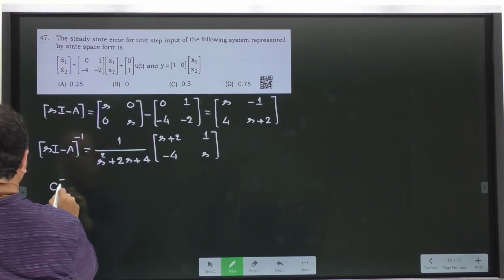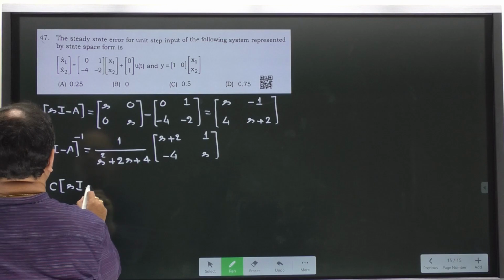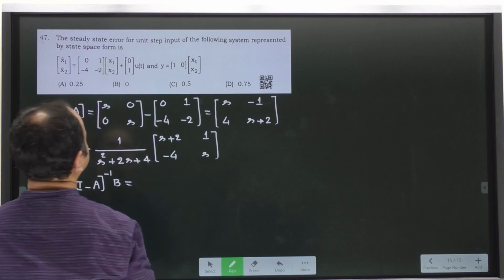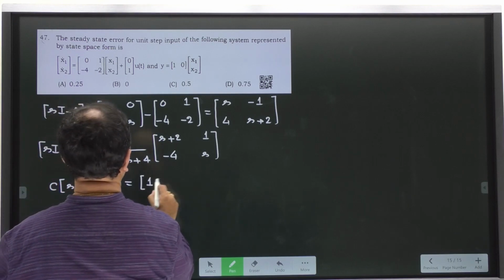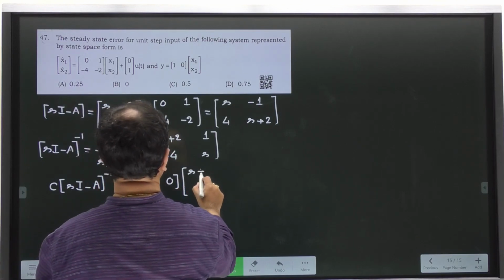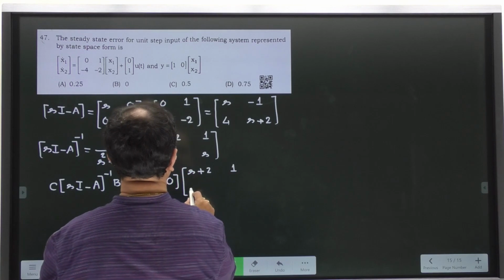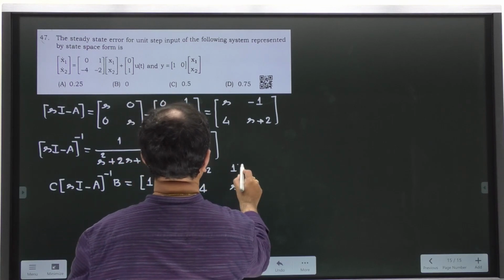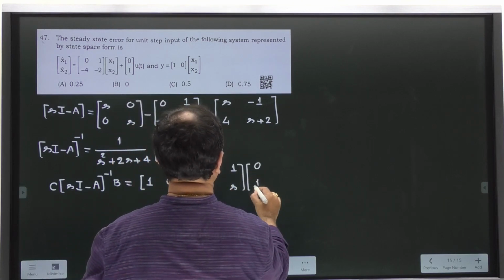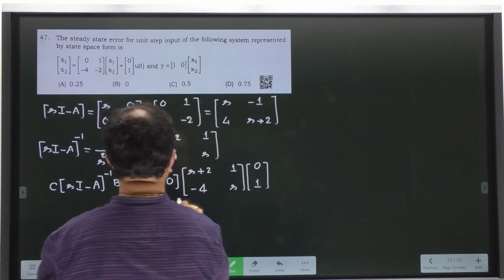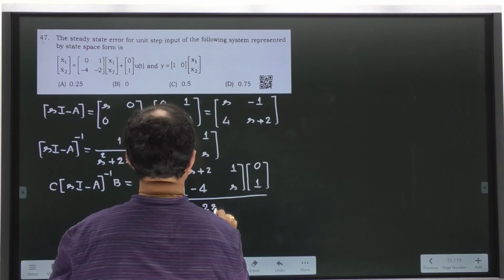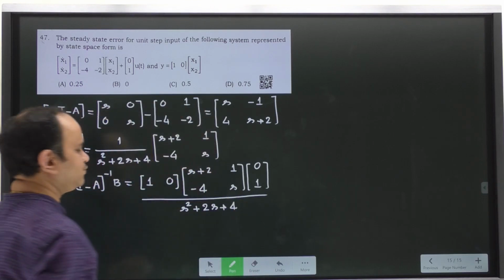Now let us multiply this one, C into (SI minus A) inverse into B. So what is the C matrix here? Row matrix 1 and 0. (SI minus A) inverse: S plus 2, 1, minus 4, S, and B matrix 0 and 1. Okay. Now the denominator is S square plus 2S plus 4.